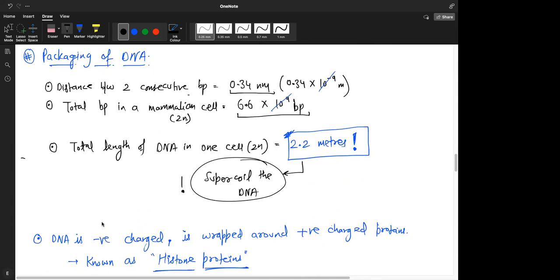Then the packaging of DNA. The distance between two consecutive base pairs is 0.34 into 10 raised to minus 9 meters.